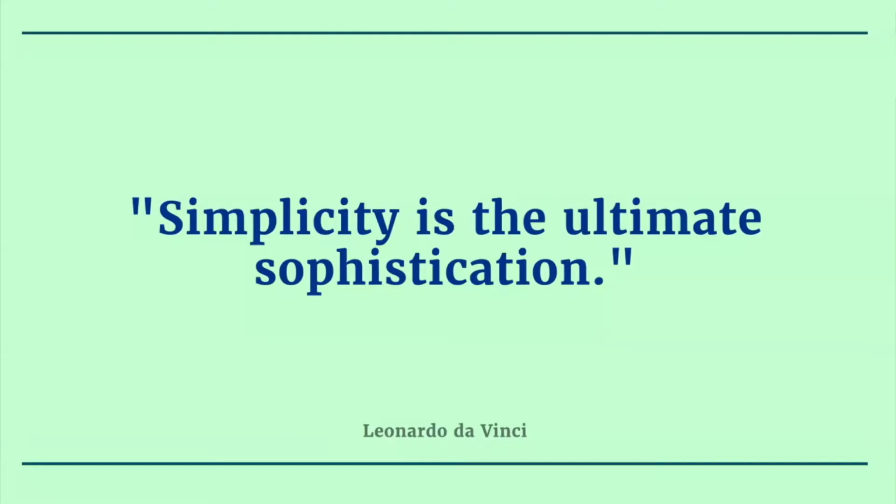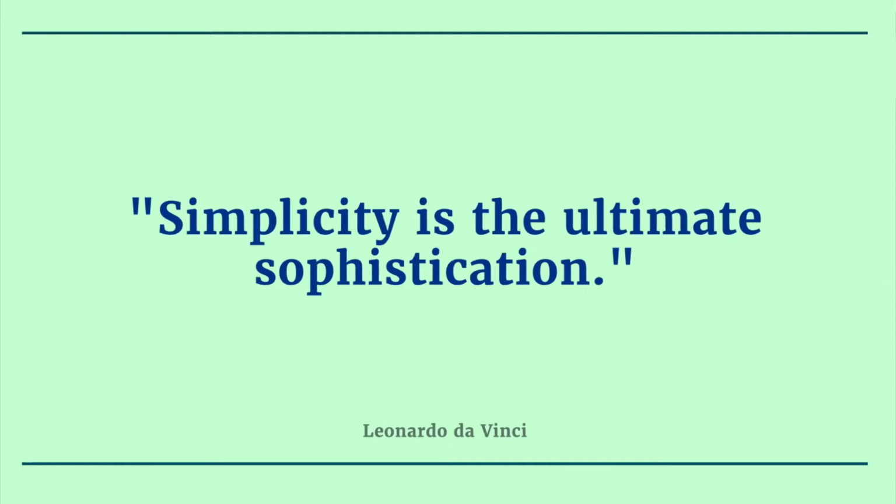And Leonardo da Vinci has this saying of simplicity is the ultimate sophistication. When you boil things down to their simplest elements, there's so much power in that, right? And that's where a lot of people with email automation get hung up a lot of times. Well, there's so many things.